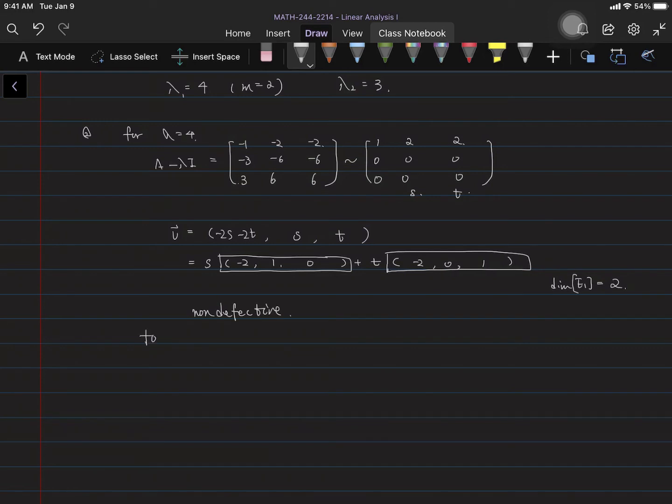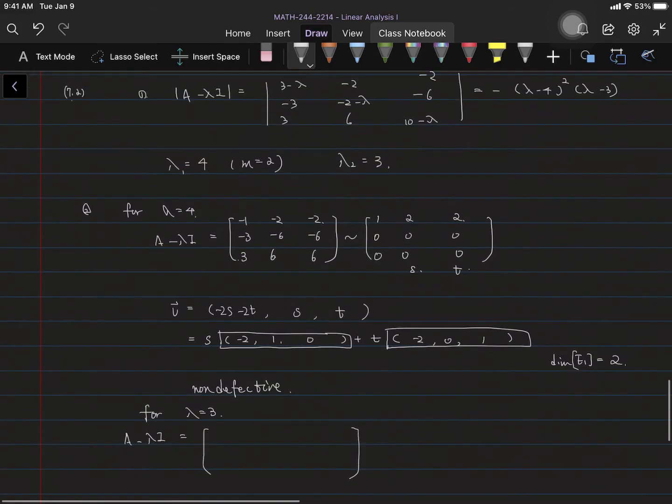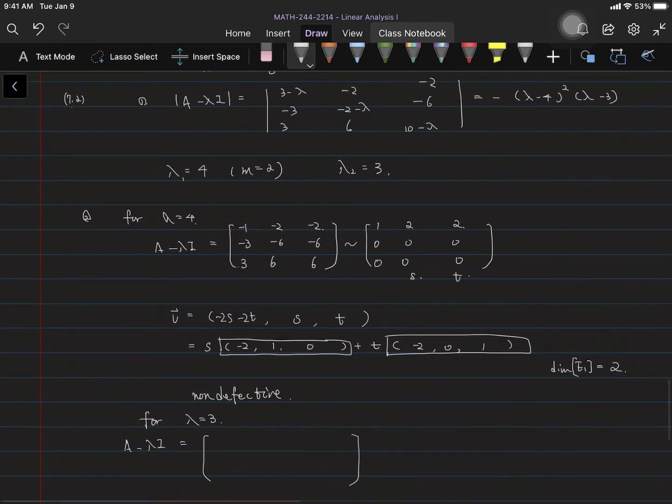But because we want to find the diagonal matrix, definitely we need to find the other eigenvector, because we need one more eigenvector. So for lambda equals 3, plug in lambda equals 3. I'm looking at the determinant when I calculate the eigenvalue. So -2, -2 minus 3, -5.